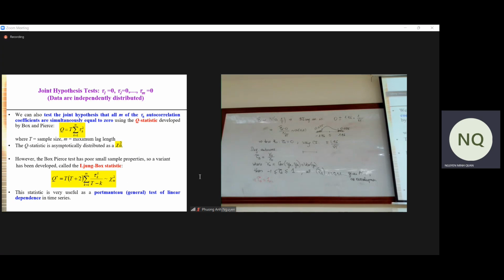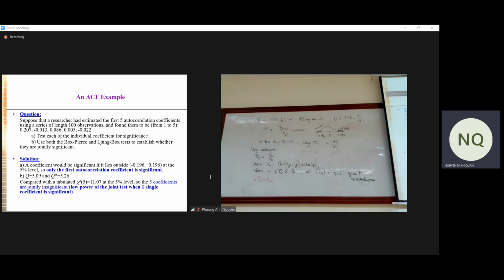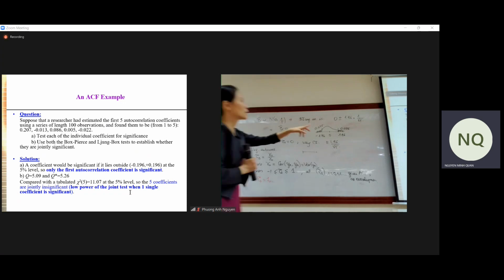So the second one, in this case, the joint test, is more convenient. We can take a look at this example and compare the results. Suppose that we got the 5 sample autocorrelation coefficients, and the values are given there, 0.2.